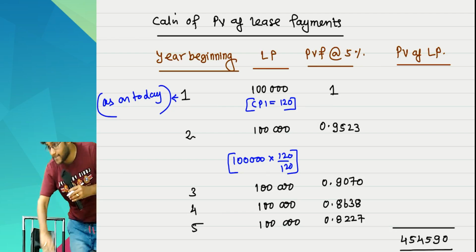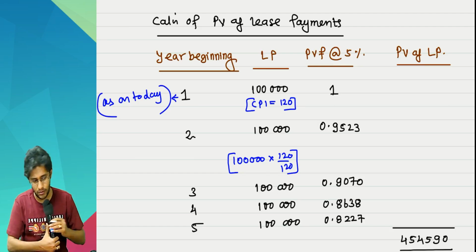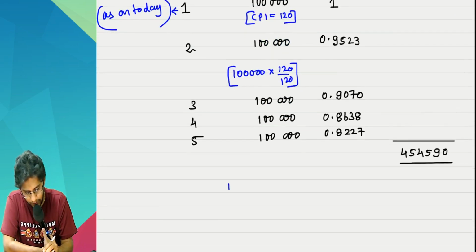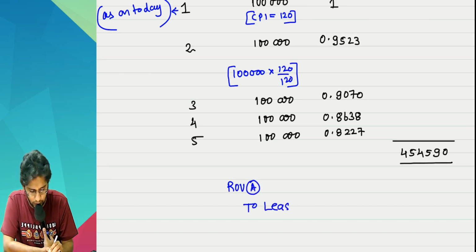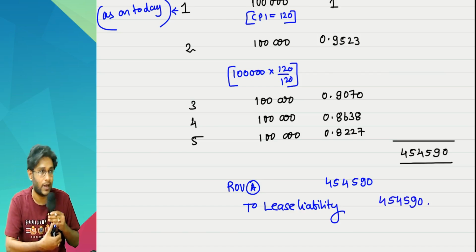So your entry on the first day should be ROU asset account debit to lease liability. Your reassessment is happening when?